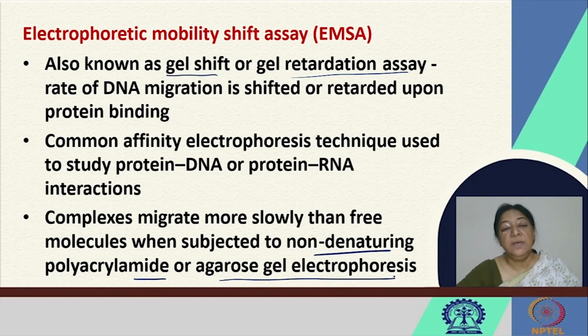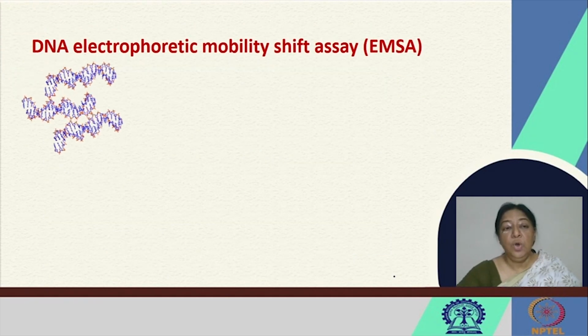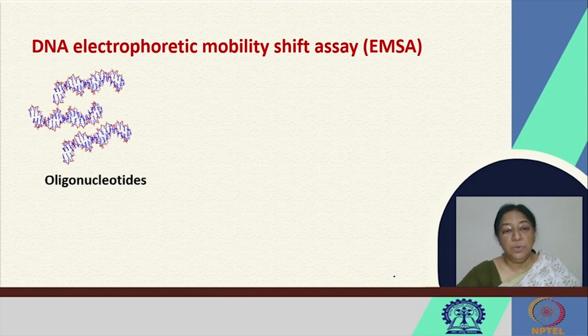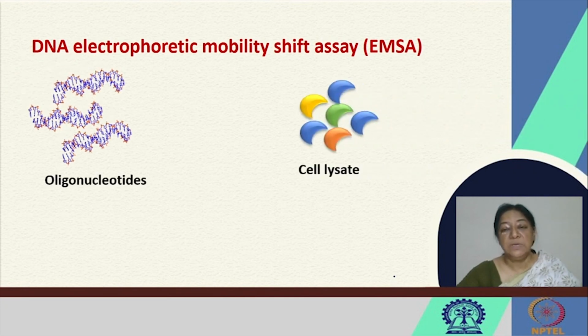So, considering a regular gel electrophoresis experiment, a non-denaturing type in this case, whether it is polyacrylamide or agarose gel electrophoresis, we will be able to monitor the migration of the bands of the free molecule and the complex. So we have our oligonucleotides, we have our cell lysate that contains our protein of interest.